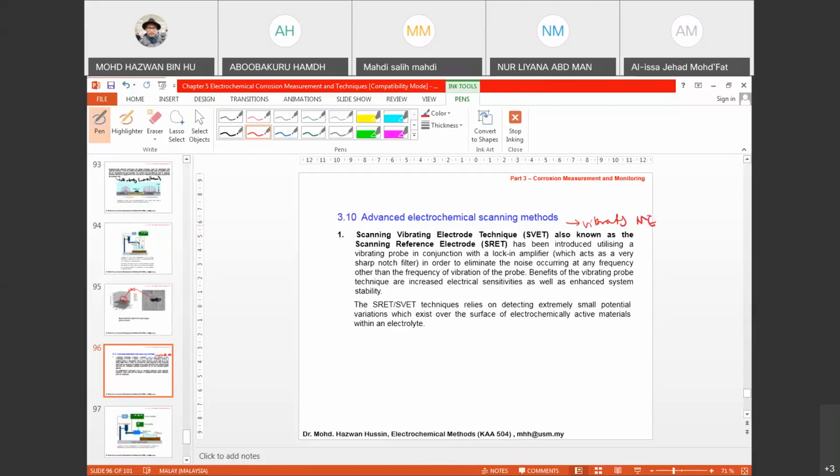The microelectrodes will be vibrated when it starts to scanning. So with this, it can actually give benefits. The benefits of vibrating probe techniques are that they can increase electrical sensitivity as well as enhance system stability.